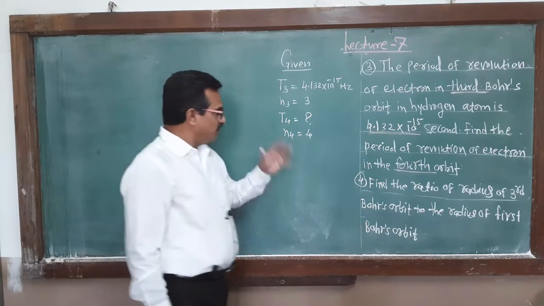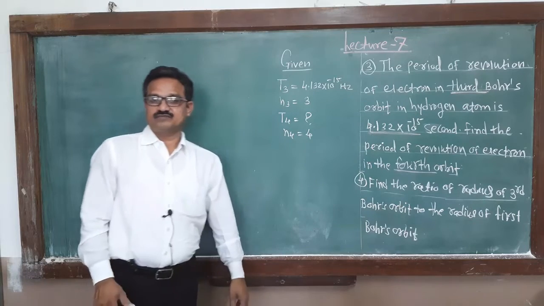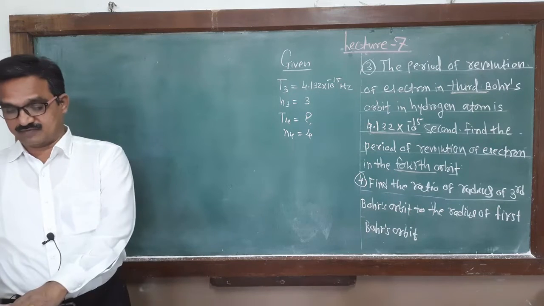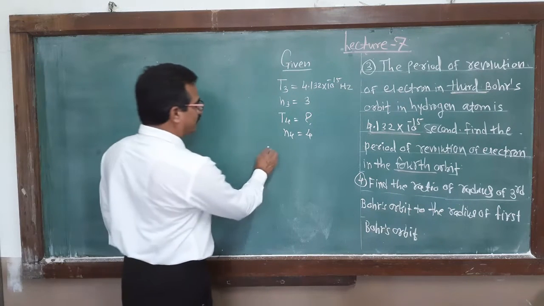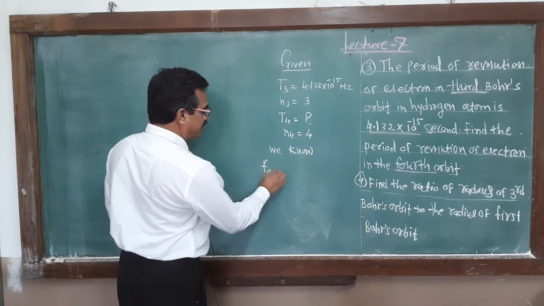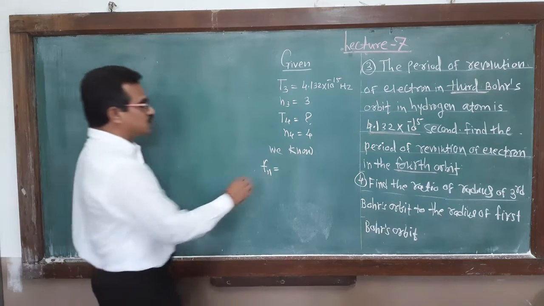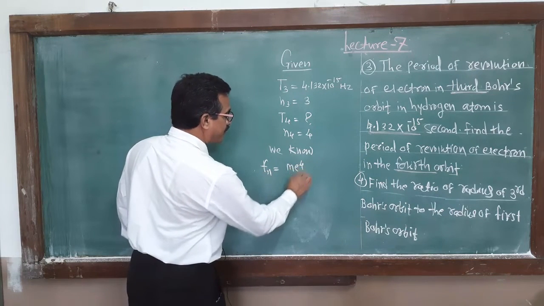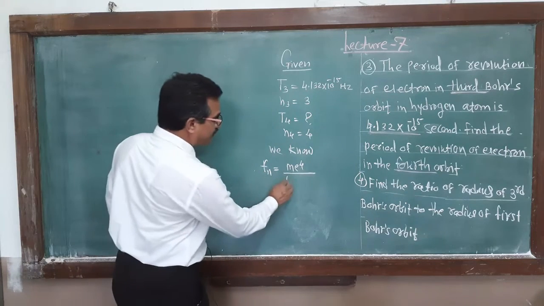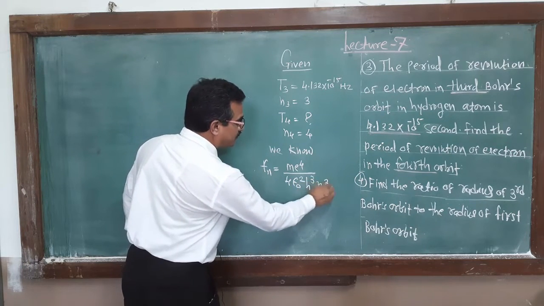For finding the period of revolution in the fourth orbit, we know the relation for the frequency of revolution in the nth orbit. That frequency of revolution, fn, is equal to m e raised to 4 divided by 4 epsilon 0 square h cube n cube.